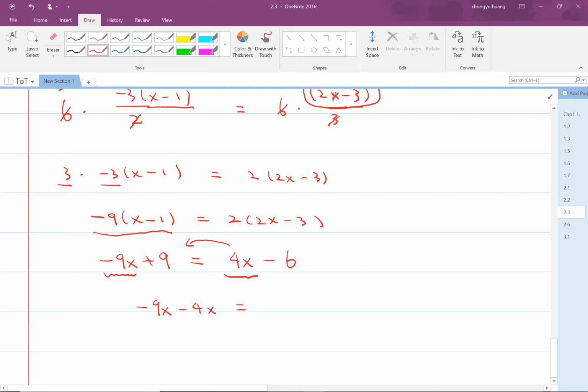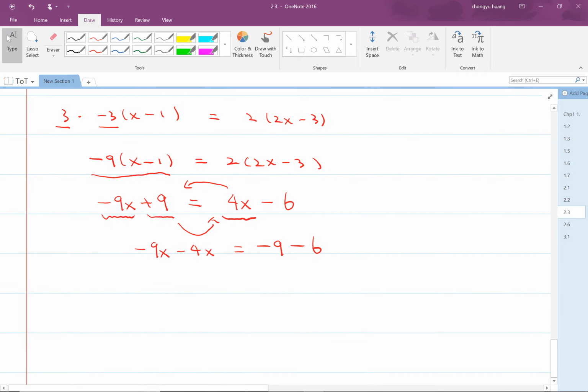Then we want to move the positive 9 to the other side, so the positive 9 becomes negative 9, and then minus 6. So it's negative 9 minus 6, right?